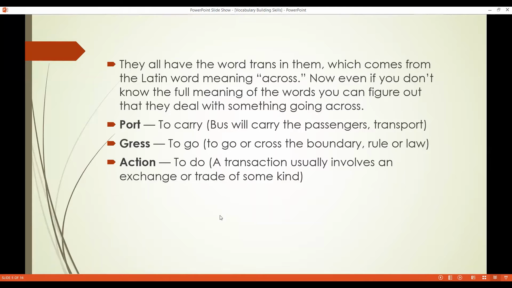They all have the word trans in them. Port means to carry, gress means to go across a boundary or any rule or law, and action is to do. A transaction usually involves an exchange or trade of some kind. So they all have one root word, that is trans.